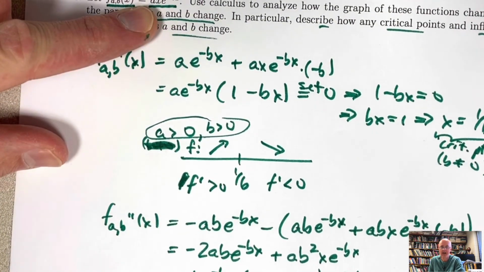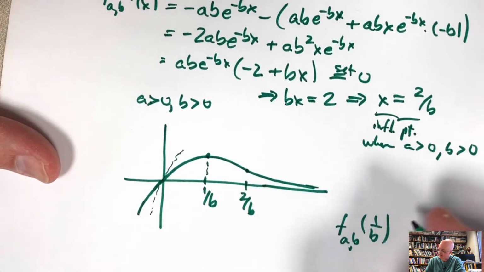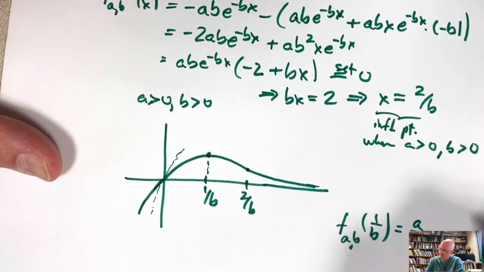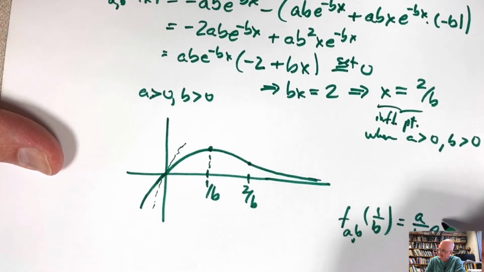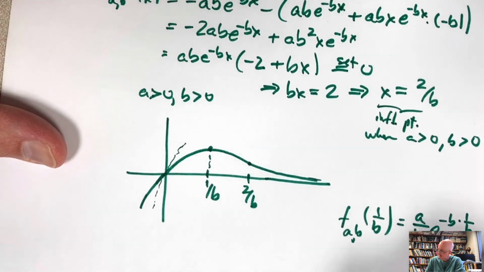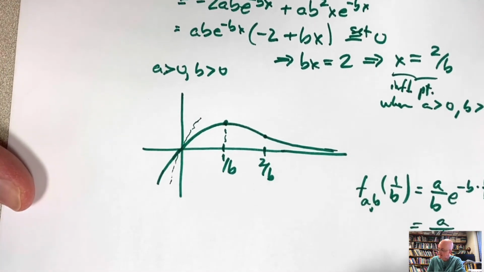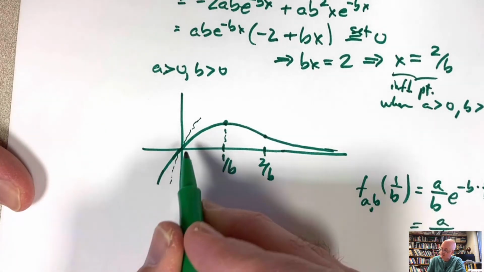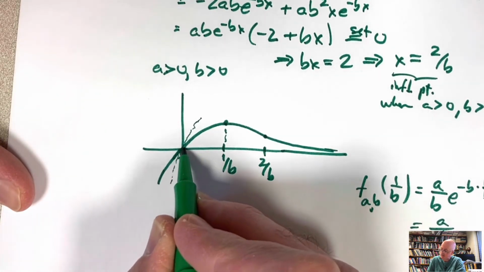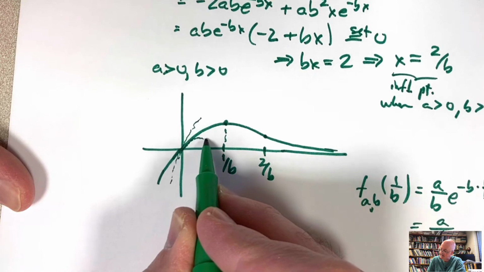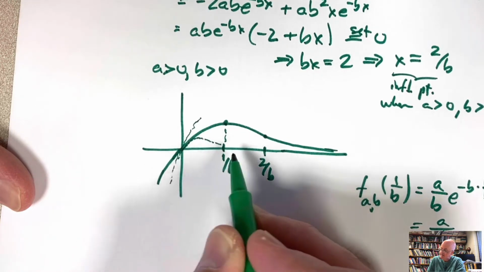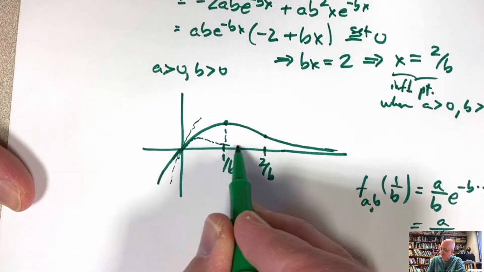Up here, replace x with 1 over b. I'll get a over b, e to the negative b times 1 over b is e to the negative 1, so this becomes a over eb. If a is constant, as b increases, this gets smaller and smaller. So I guess the height of the maximum gets smaller as b increases, as it also goes toward the origin here.